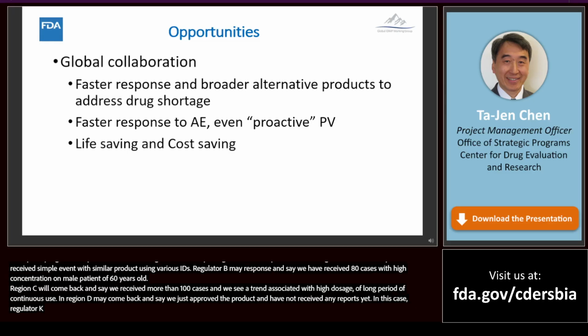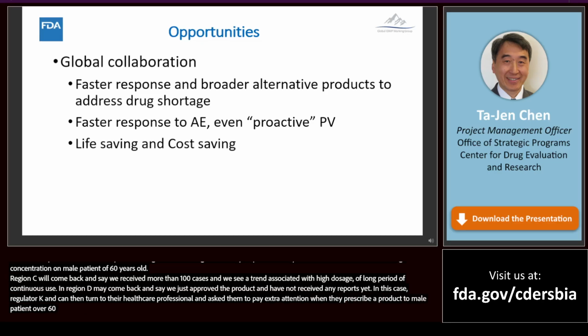healthcare professionals and ask them to pay extra attention when they prescribe the product to male patients over 60 years old to avoid that potential adverse effect, and also ask them to do additional evaluation if they need to prescribe the drug for continuous use over 90 days.